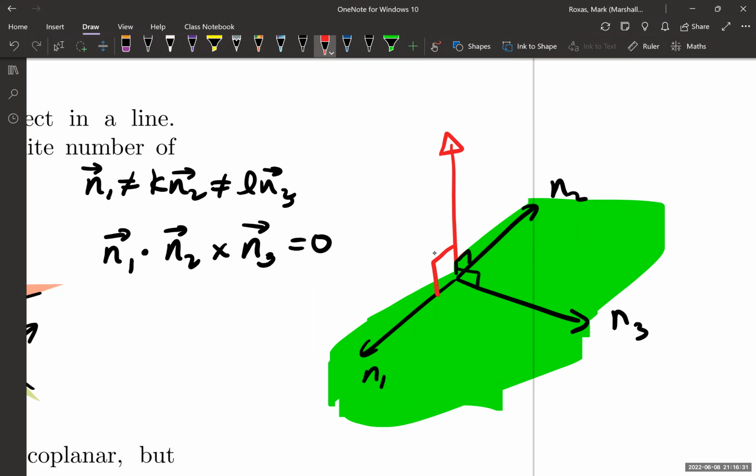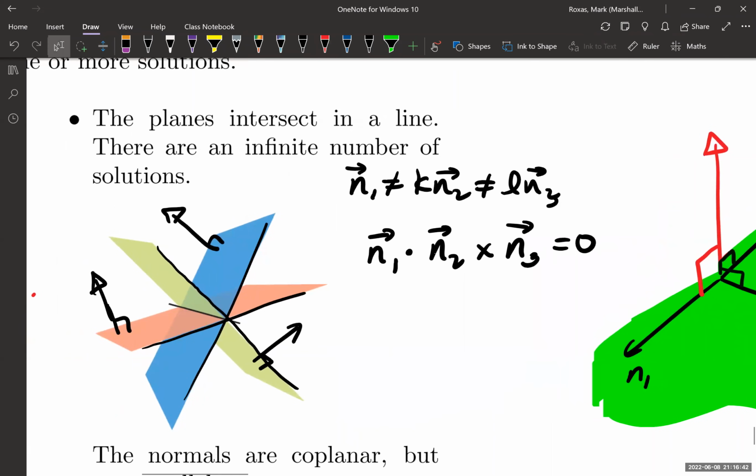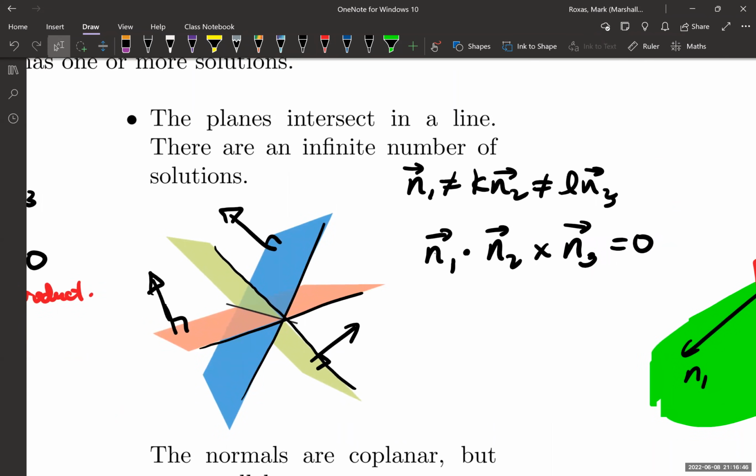And because that red vector is perpendicular to n2 and n3, then n1 has to be on the same plane as n2 and n3. So all three normal vectors are coplanar. And so the situation that happens here is that my three planes all intersect at one line.